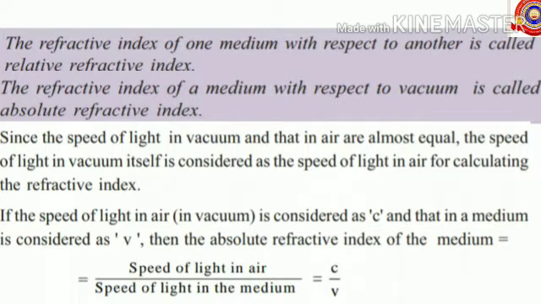Since the speed of light in vacuum and that in air are almost equal, the speed of light in vacuum itself is considered as the speed of light in air for calculating the refractive index.